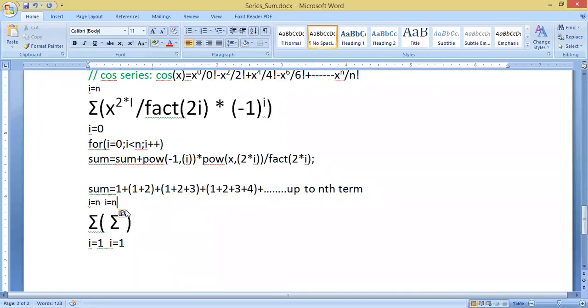The first runs from i is equal to 1 to n, and the second from 1 to i. Is this correct? Within this I'll write j. Is this okay? Yes sir.